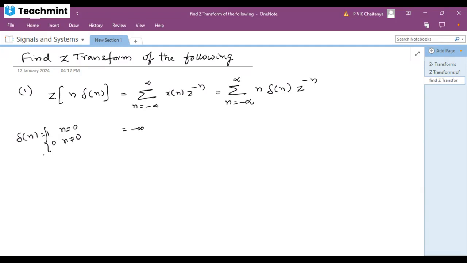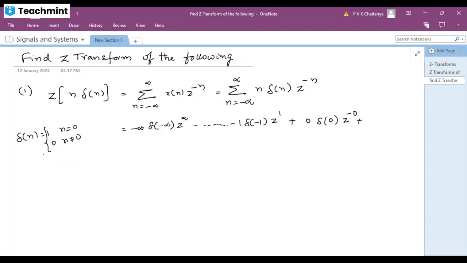Minus infinity into del of minus infinity into z power minus minus infinity, and so on till, if n is equal to minus 1, minus 1 into del of minus 1 into z power 1, plus if n is equal to 0, 0 into del of 0 into z power minus 0.